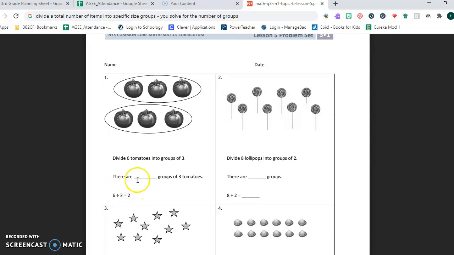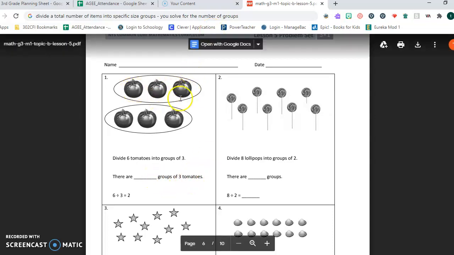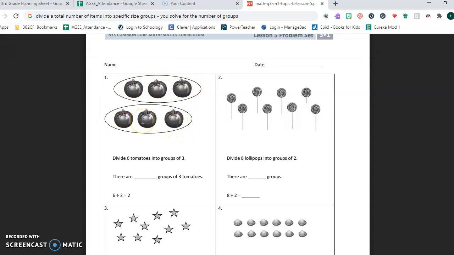So there are 2 groups of 3 tomatoes. One group of 3 tomatoes, 2 groups of 3 tomatoes. So they gradually put more of the work onto you.